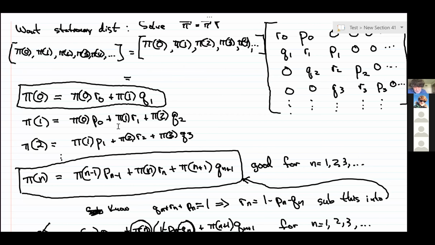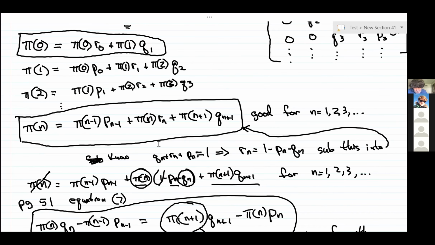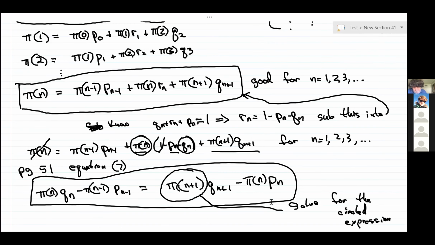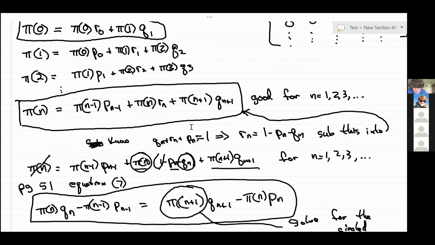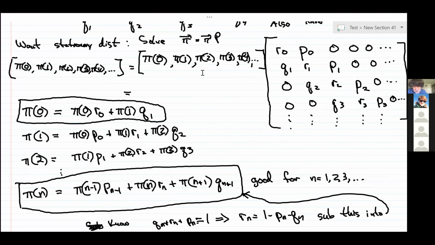So far we've taken the second equation here and we substituted for Rn. Basically, we kicked out the return probabilities. And when we put that into this boxed equation here, and we play with the algebra, we get this third boxed formula. So these two just come from the definition of stationary, which is this up here.